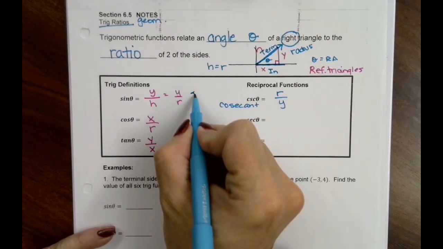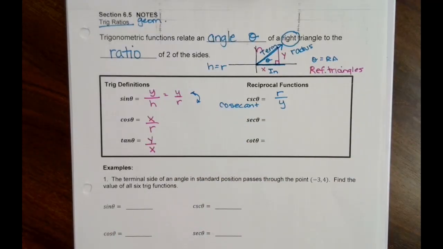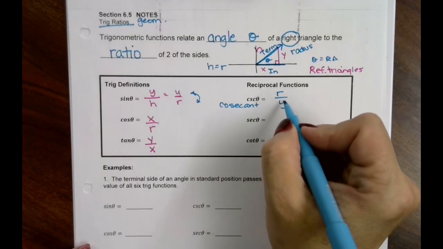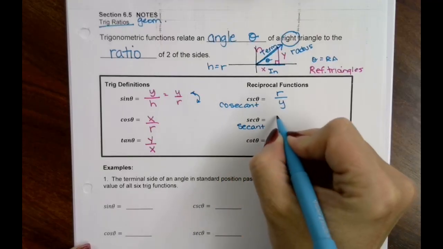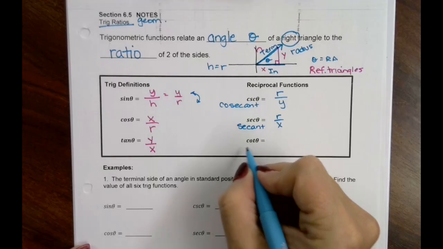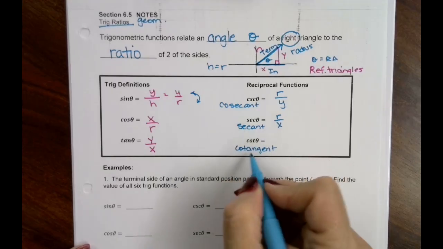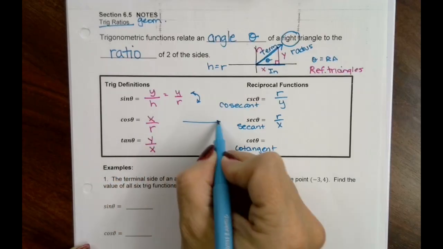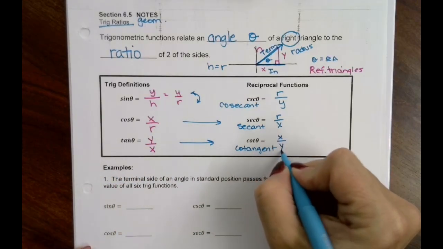I'm literally just flipping these two to get my ratio. Remember, this is a ratio of sides. Secant, SEC, is going to be r over x. And cotangent is the opposite of tangent. So cosine goes to secant, tangent goes to cotangent, so this becomes x over y.